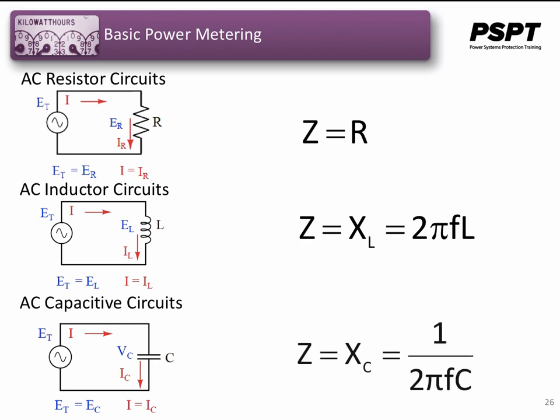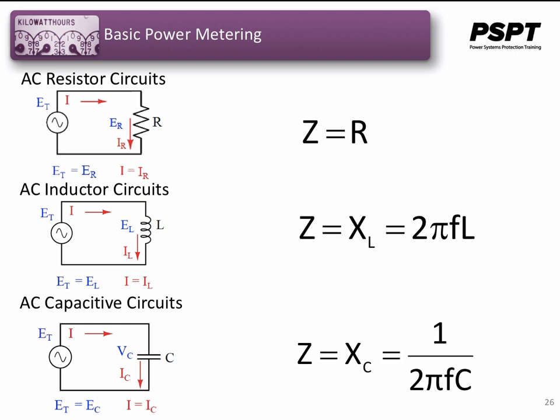In other words, the reactance of a capacitor is X_C, and it's equal to 1 over 2 pi fC, where again pi is 3.14159, the frequency is given in cycles per second, and C is the capacitance in farads.